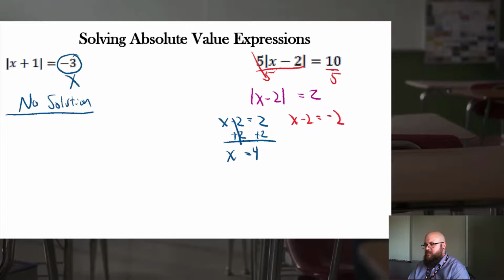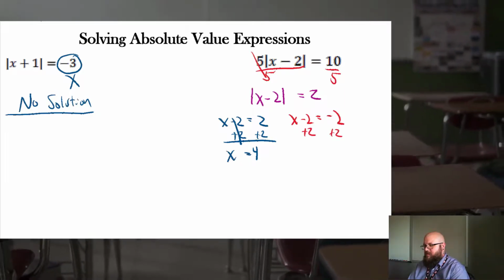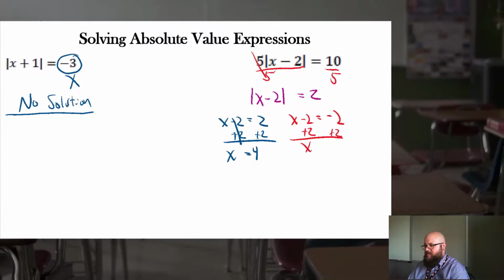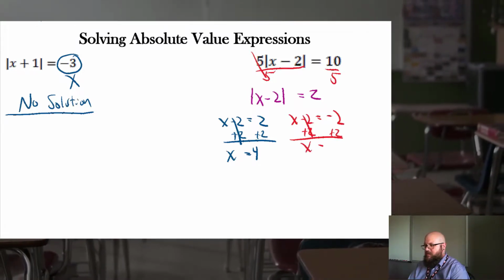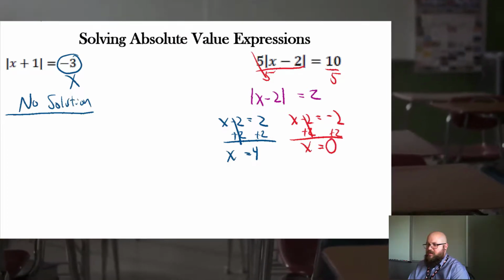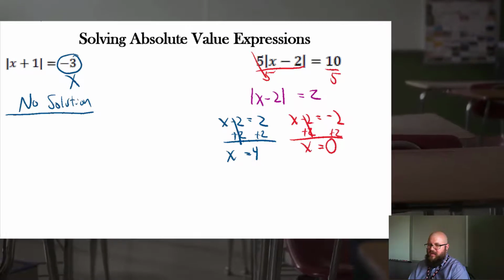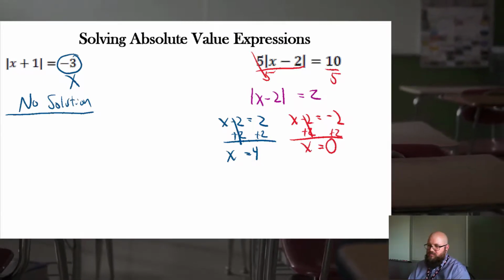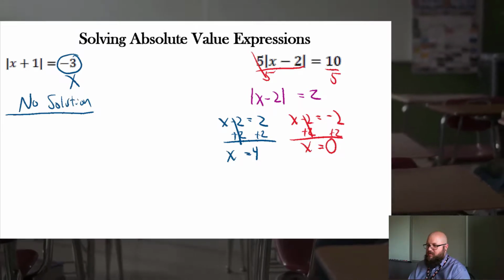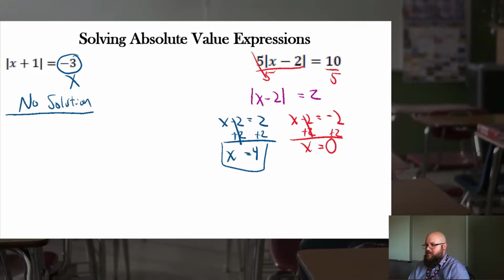And on this next one, if we add 2 to both sides, we have x, those 2's go away, and those 2's go away as well. We're left with 0. So our answer should be x equals 4 and x equals 0.